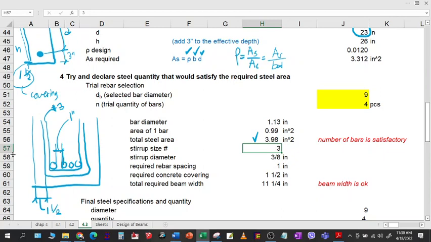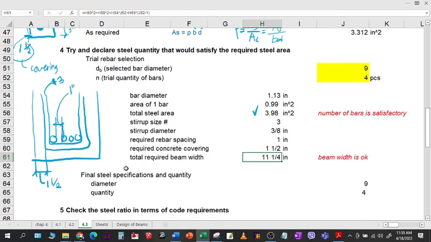So you have to fit all of the rebars. In order to fit that, you have to sum up the required beam width. You have the covering, which is 1.5 inch, times 2, because there are 2 faces here.